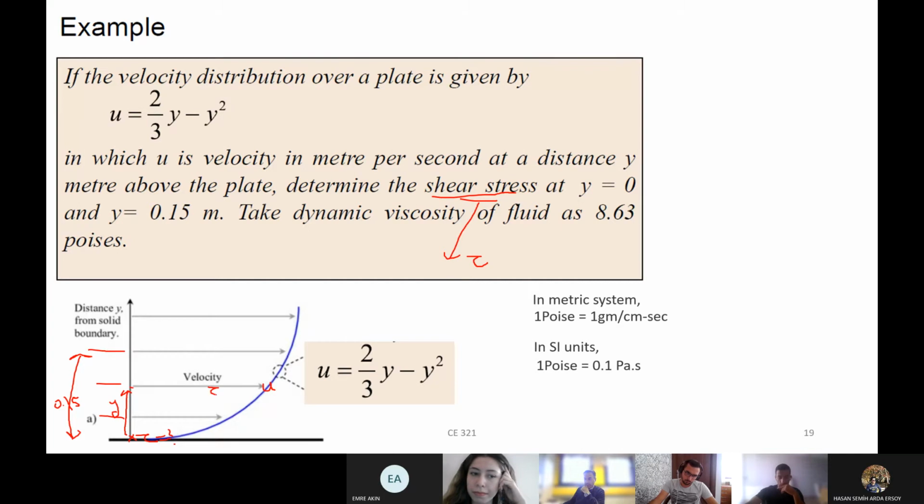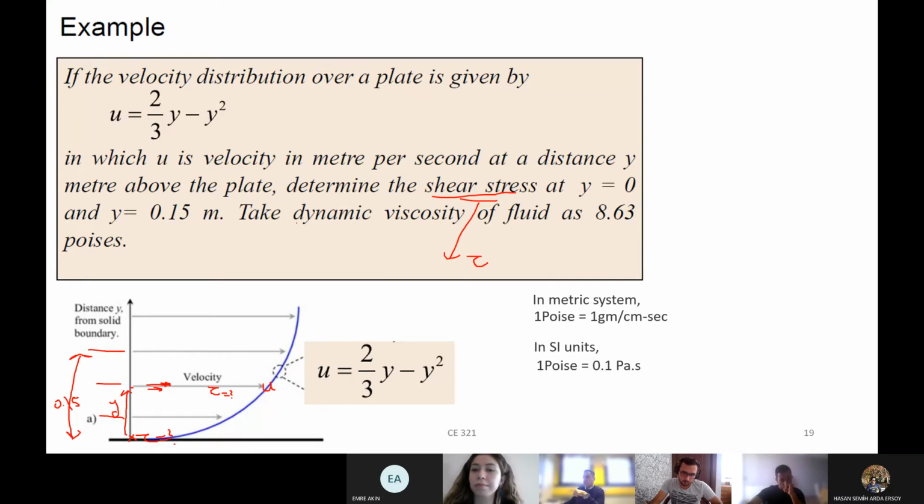Tau, again, it asks for tau here. It means that because there is a different upper layer and lower layer, there are different velocities at the upper layer and lower layer. Therefore, here we have tau. We have to calculate, we can find tau here.